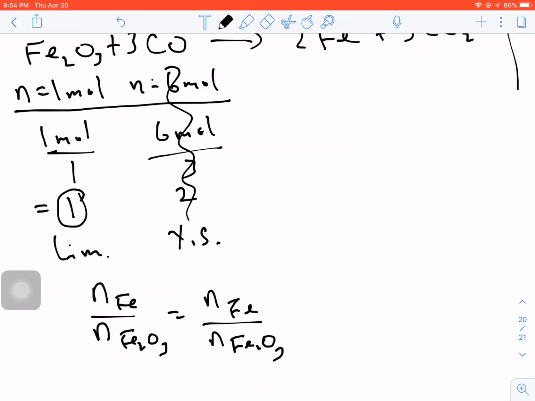I know my number of moles of Fe2O3 in the question. It is 1. We were told that in the question.